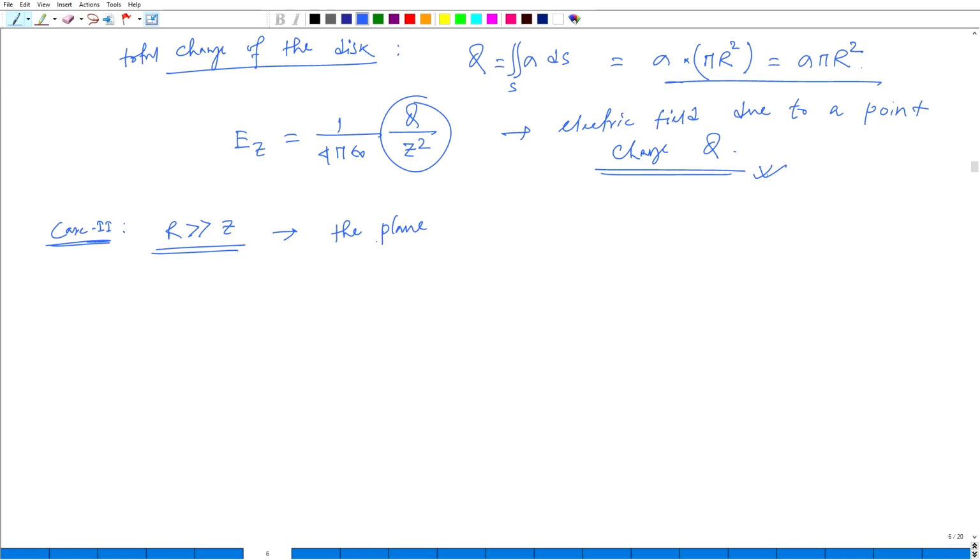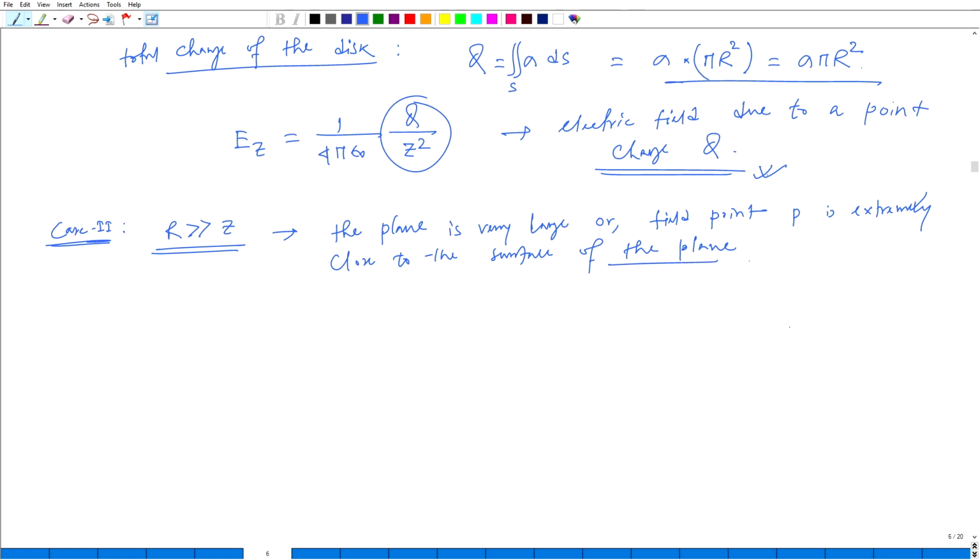If the radius of the disc is very large, it becomes a plane, a very large plane, and the field point P is extremely close to the surface of the plane.